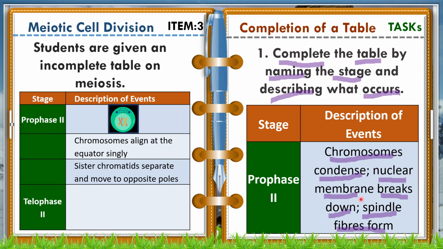Then the nuclear membrane breaks down, and the spindle fibers will start forming. Spindle fibers are these ones that we are seeing from one pole to another pole. They are starting to form. That is the description of the events that take place in prophase 2.